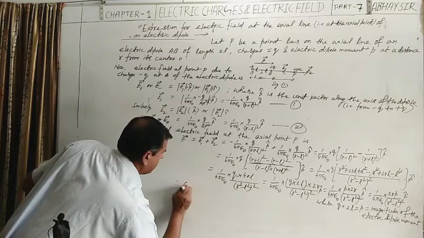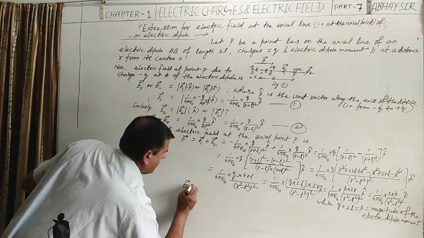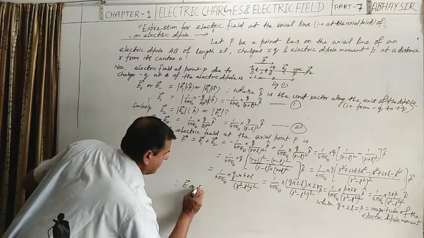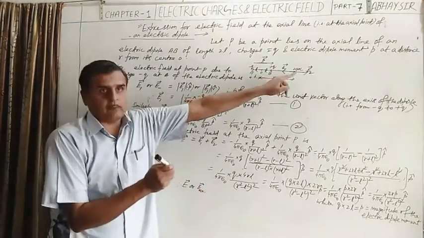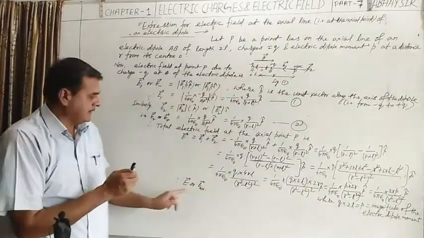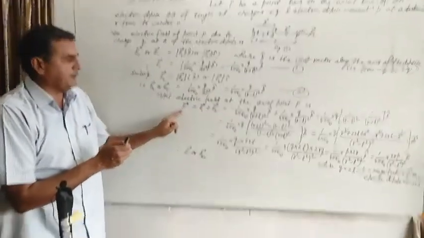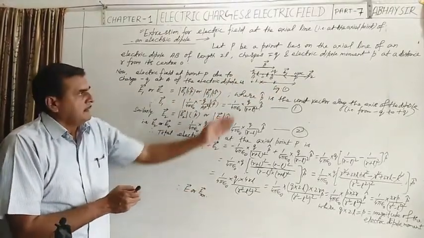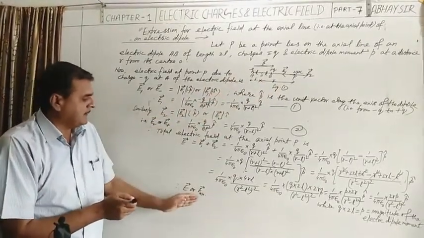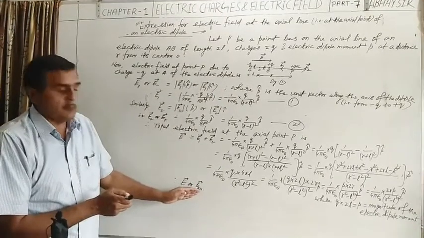Therefore E vector, or we can write it as E axial, Ex for the axial point. X stands for the axial point. We can write it as the net electric field, total electric field for the axial point due to the dipole.